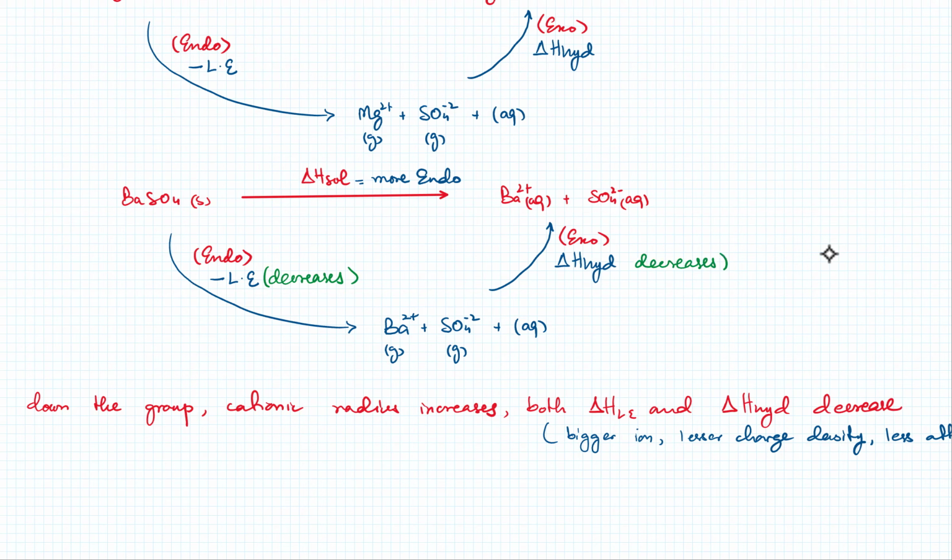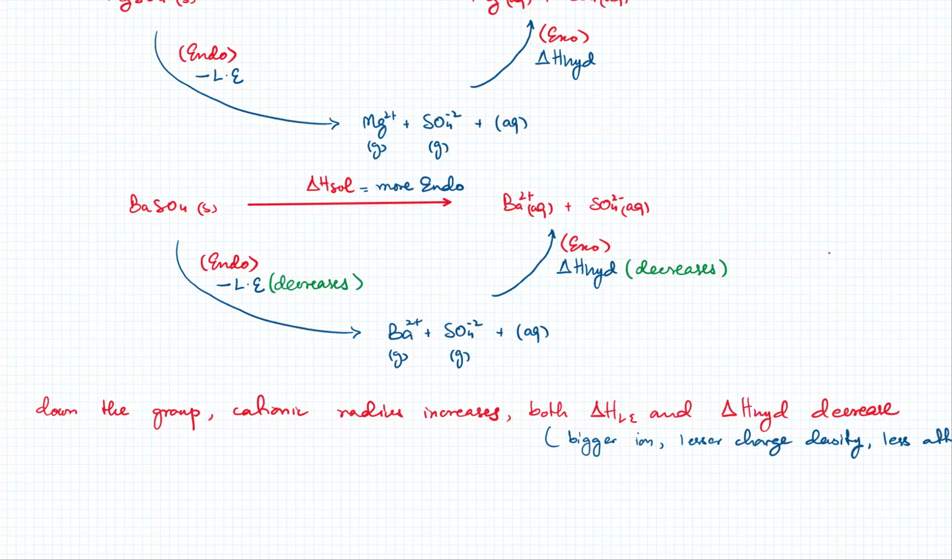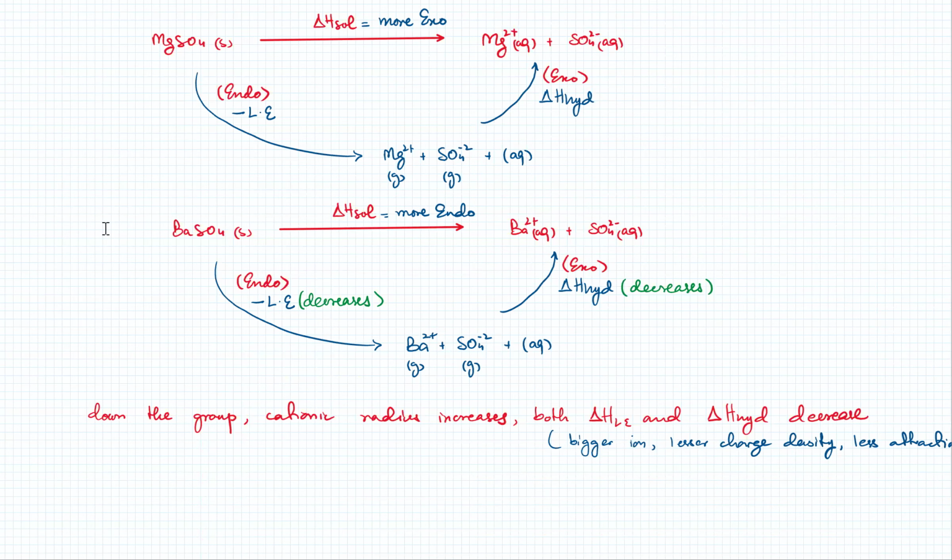For barium, weaker bonds are going to be broken and weaker bonds are going to be formed. Bigger ions are not going to form very strong bonds, so the lattice is not going to be that strong. It would be easy to break. And bigger ions will not attract water that much, so the bonds that are going to be formed are not going to be very strong. So even that part would be less. So both of these values would decrease.